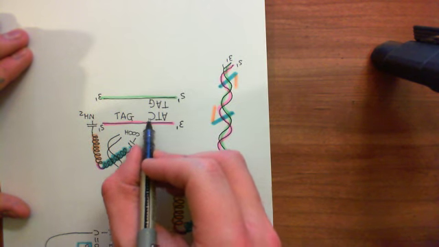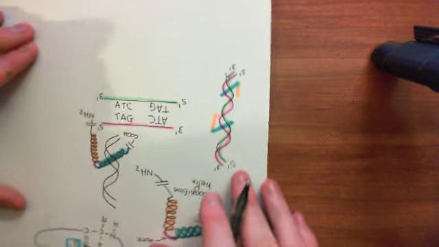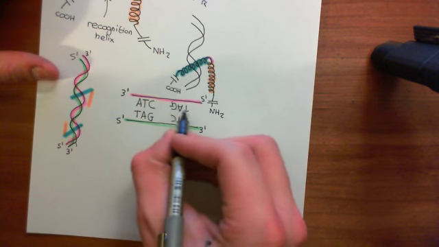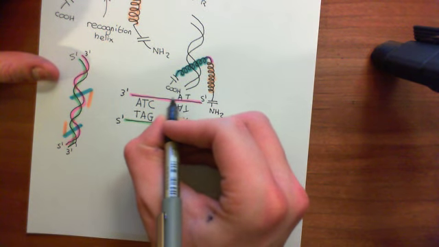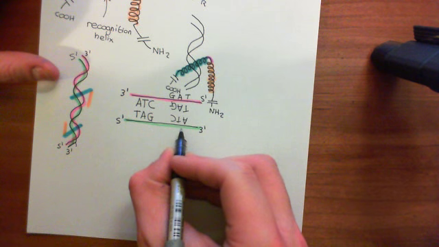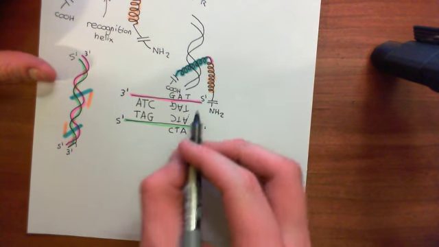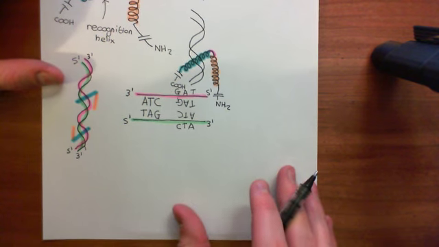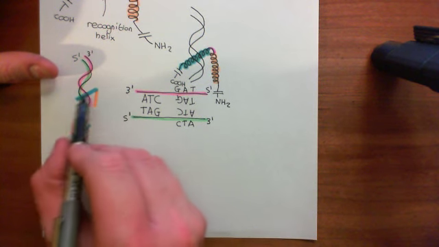We need adenine followed by thymine followed by cytosine, so we need ATC there. So if we now turn it back up the right way, what we just have to do is write those the right way up. So we need a thymine there, an adenine there, a guanine there, and then we need an adenine there, a thymine there, and a cytosine there. And this will be seen by this helix-turn-helix motif as being equivalent to the way this would have been seen by this first one.